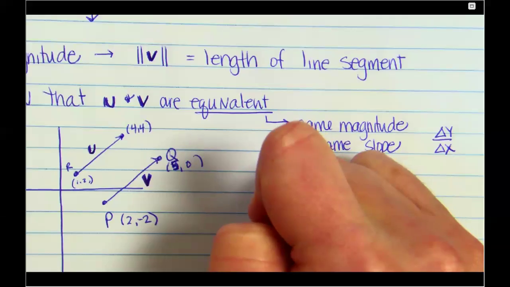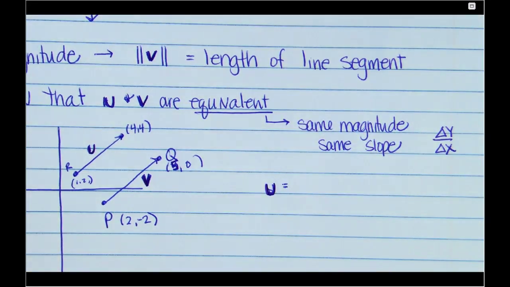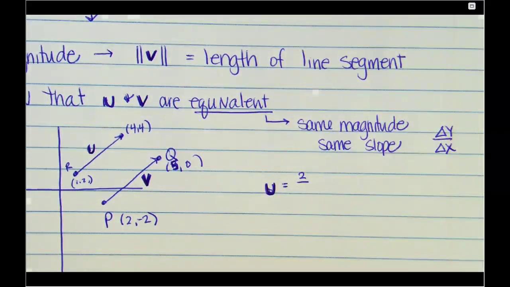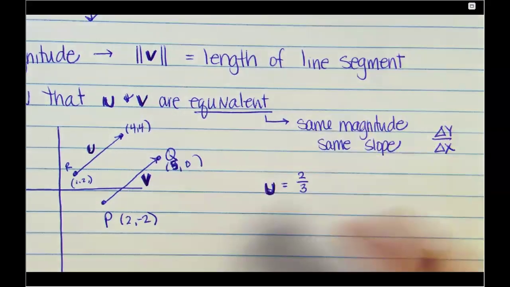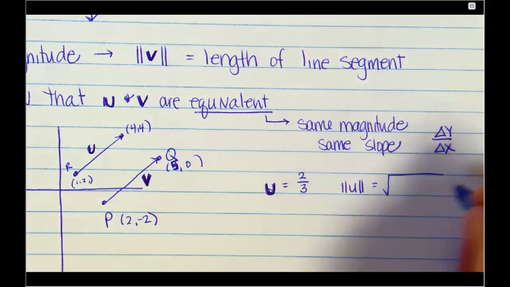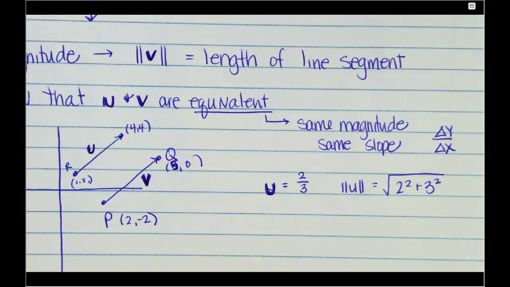So for his slope, what's the change in y? 2. What's the change in x? 3. Now, nicely enough, the magnitude of u is going to use those same two numbers, change in y over change in x. You don't have to recalculate. That's really nice.